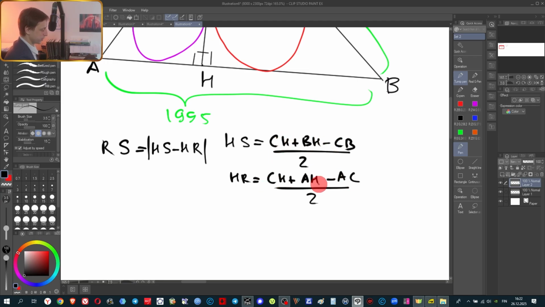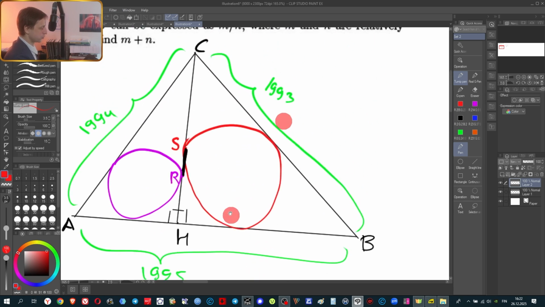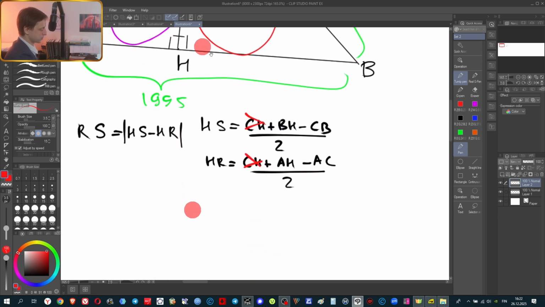So right away, when I subtract this one from this one, you see that CH cancels out right away. This altitude will cancel out, and you will only have the difference of these two minus these two. So I will not waste time writing this additional term. I will write that RS equals the absolute value of BH minus CB over 2 minus AH minus AC over 2.